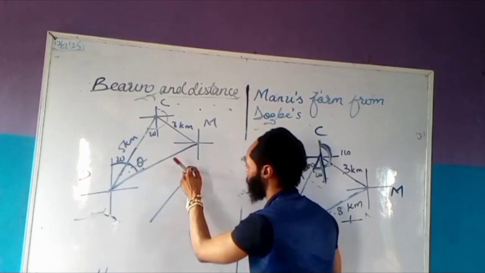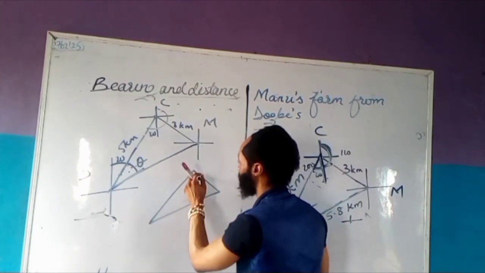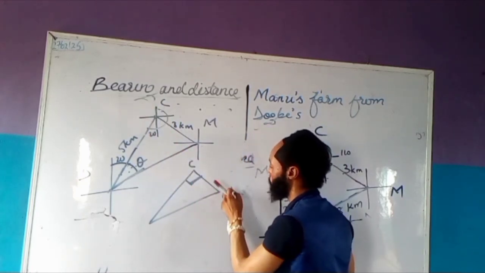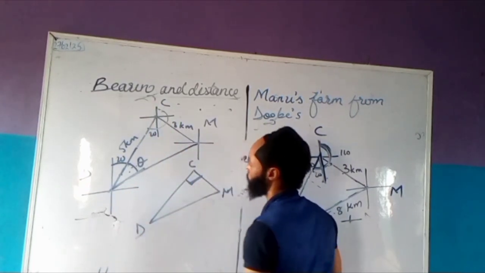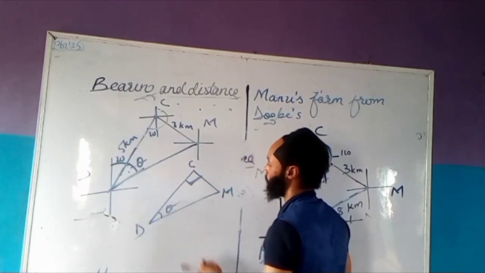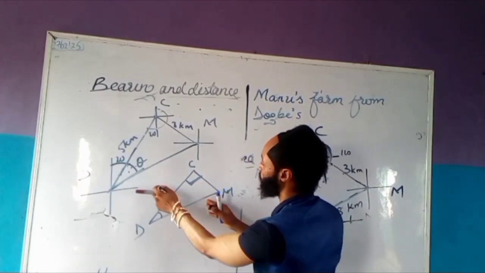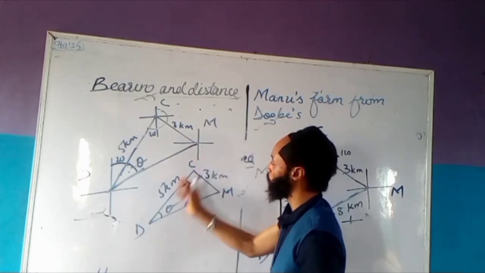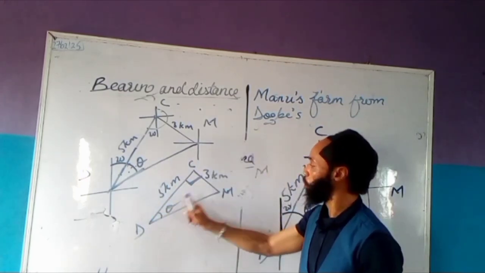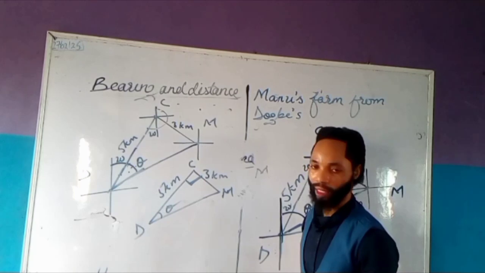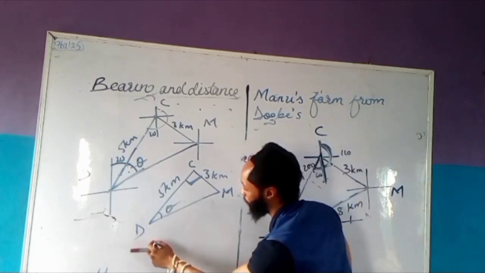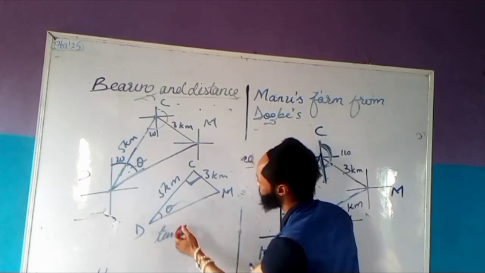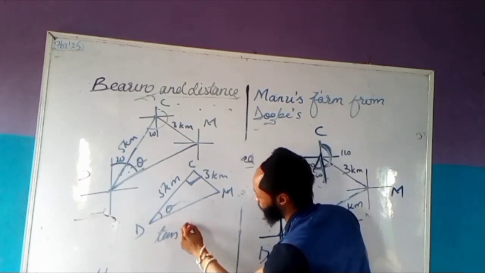This is a right angle triangle. Here is the 90 degree at point C, here is N, and here is D. So we have theta here. Let's look for this theta. Here is 5 kilometers, and here was 3 kilometers. I'm going to use tan, opposite over adjacent.